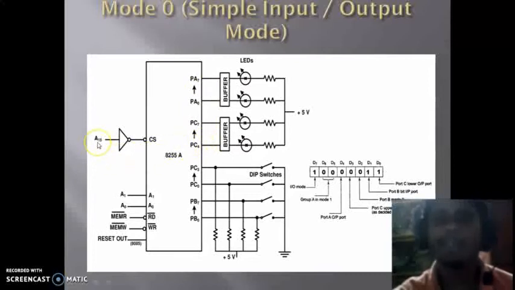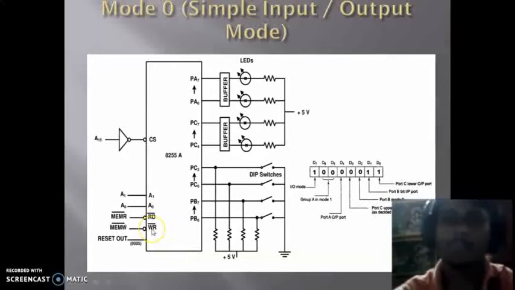Now here A15 is used to provide the chip select. So here we are using the memory mapped IO technique because 15 address lines are used. Here A0 and A1 are used to select port A, port B, port C as well as the control register. And we have two control signals, read bar and write bar.